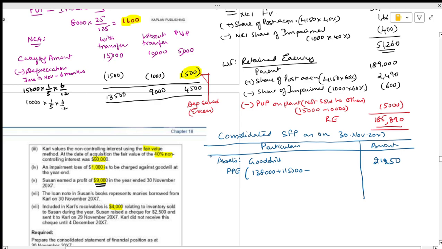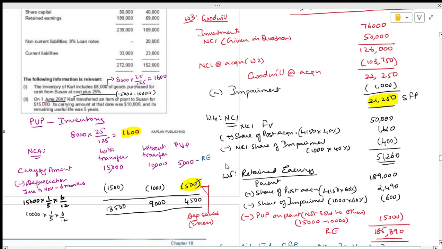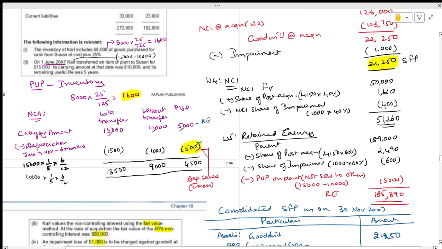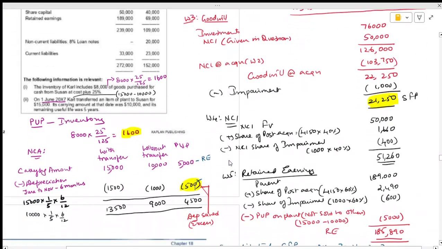How much is the portion? See, this we have taken in retained earnings. This 500, where have we taken it? We have taken it in net assets.